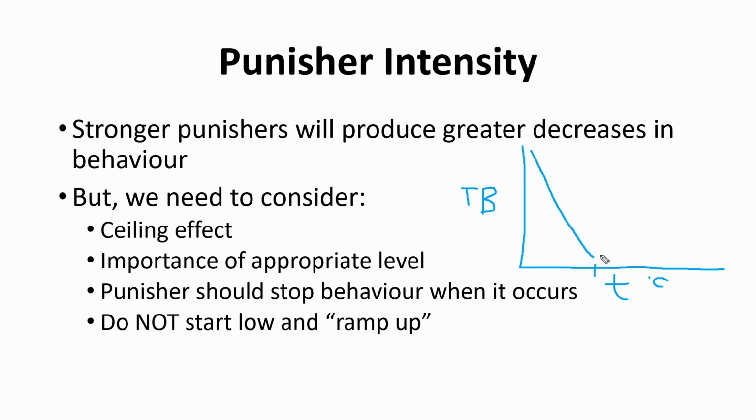So even if we continue increasing the temperature of the pot, we're not going to see any more of a decrease in that behavior, because we've hit the ceiling, we've hit that maximum decrease possible for that behavior. So we need to consider a ceiling effect based on whatever our punisher is for that situation.